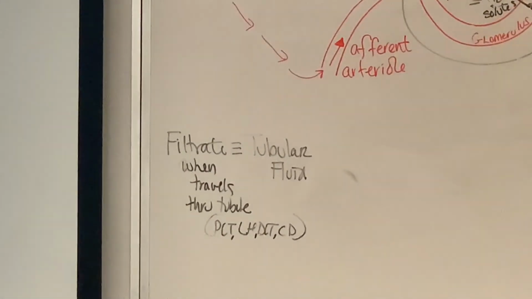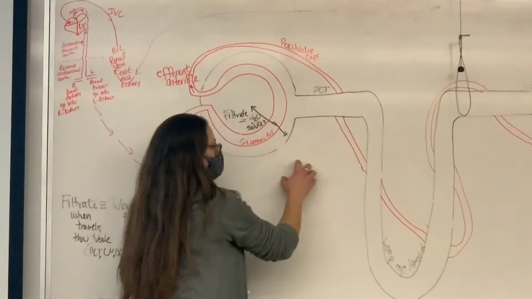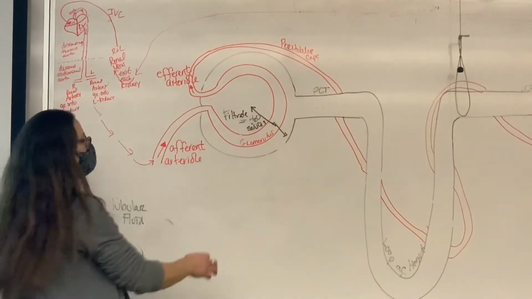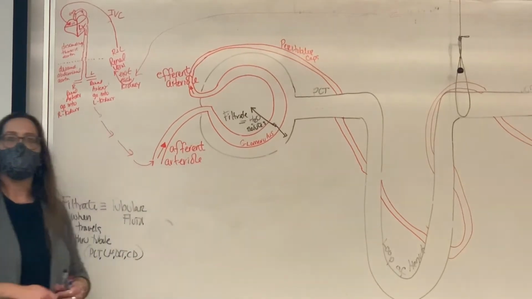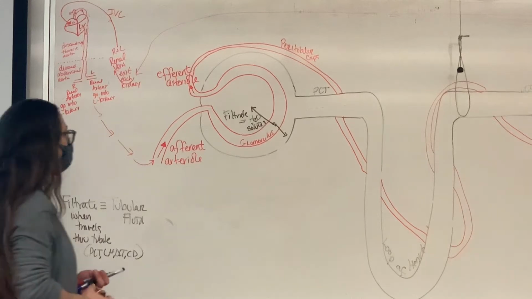Now let's think about out here. What's this out here? Medulla. Interstitial fluid, that's all this is out here. Of course they're not going to call it interstitial fluid, that would be way too simple.